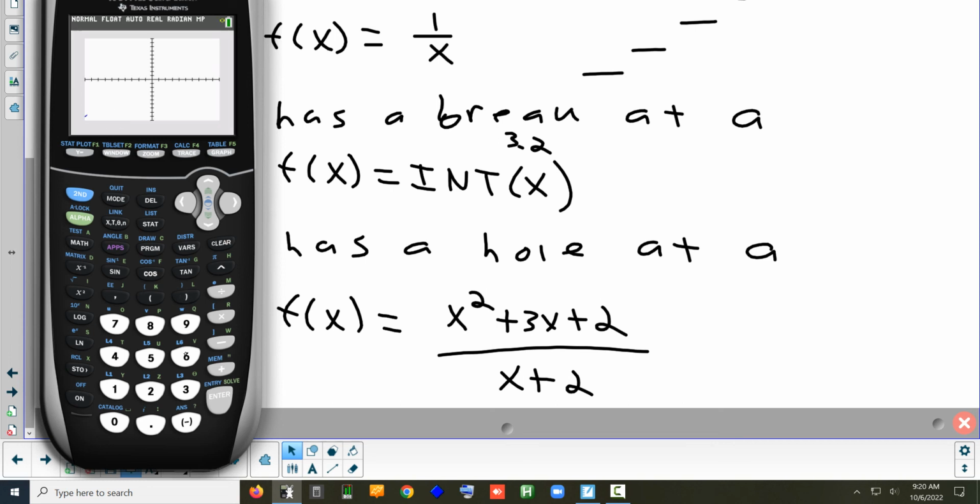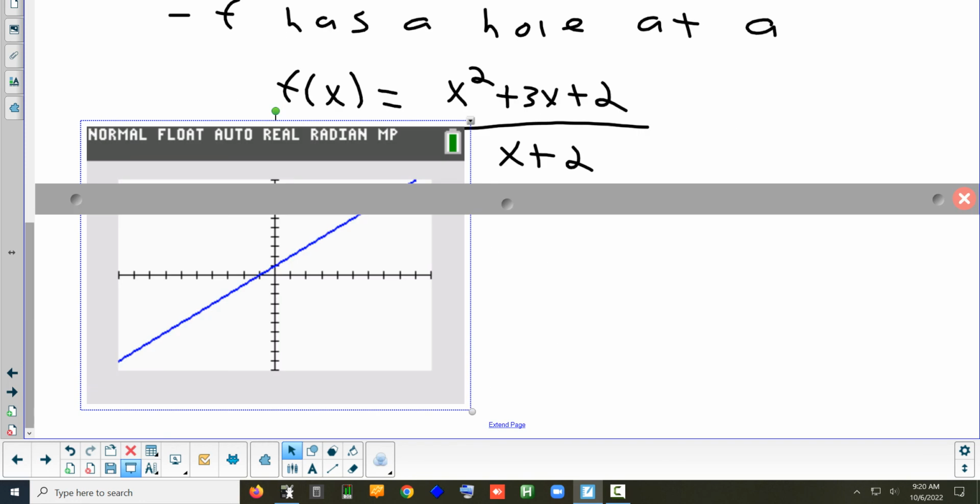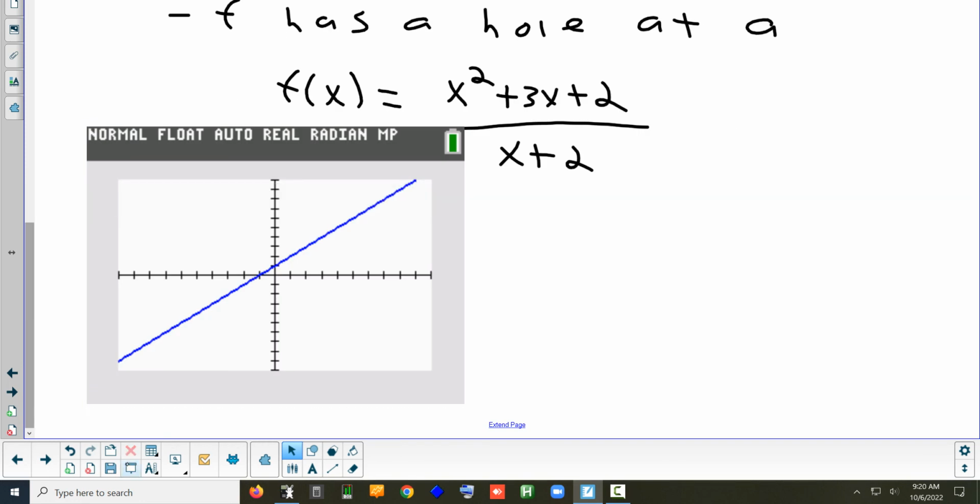And I'm going to do zoom 6. If you look at that graph, does it look like I had to lift my pencil at any point when I drew that? No.